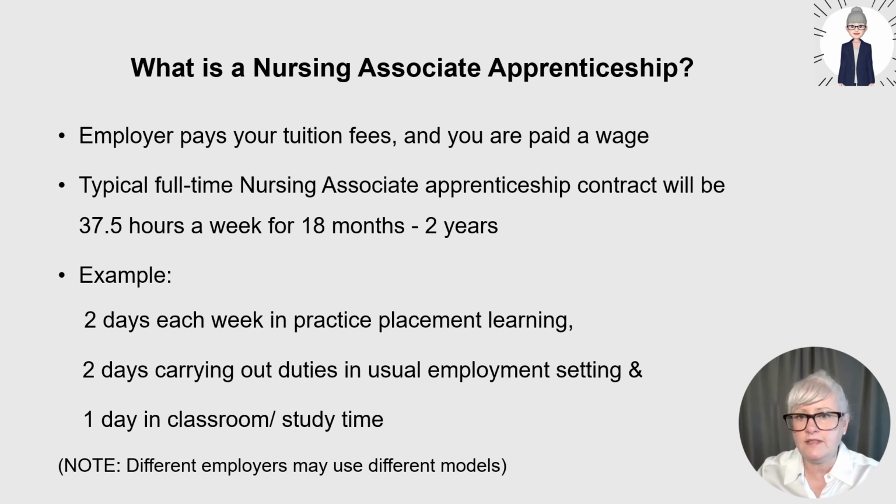And then you have 1 day on classroom-based study time. Now, different employers may have different requirements. They might say you have 3 practice days, or you might have 3 days where you carry out your duties in the employment setting. So they can be slightly different across employers, but this is a typical example. So do check the different models and what's being offered on the apprenticeships that you're applying for.